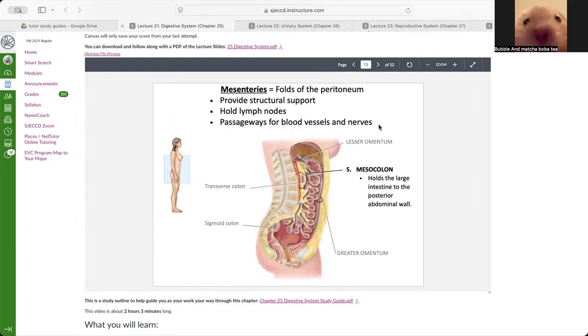We have the mesocolon, which is behind the transverse colon, and this one holds the large intestine to the posterior abdominal wall. It's made up of two folds. If the peritoneum gets damaged, the abdominopelvic organs will fall out of place and sag down and form weakening.